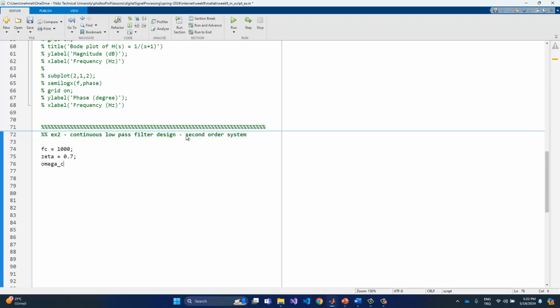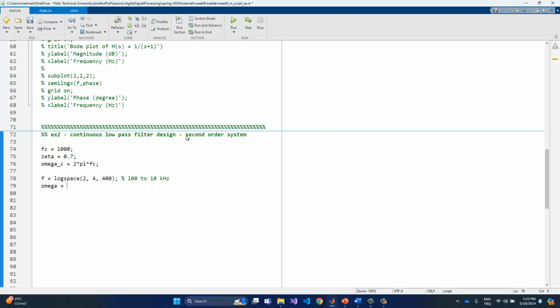And the omega c value is assigned 2 times pi times fc, right? And as always, f can be log spaced from 2 to 4, with 4000 points, which is given from 100 Hz to 10 kilohertz, okay?